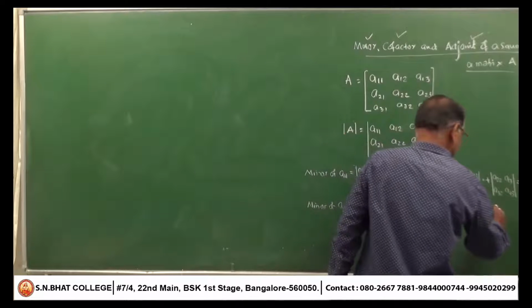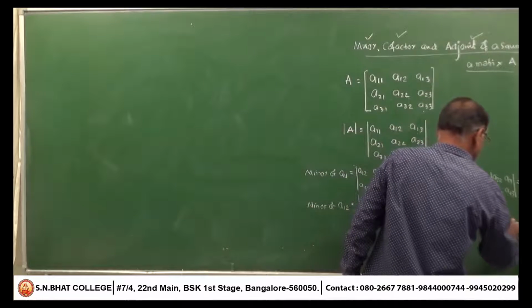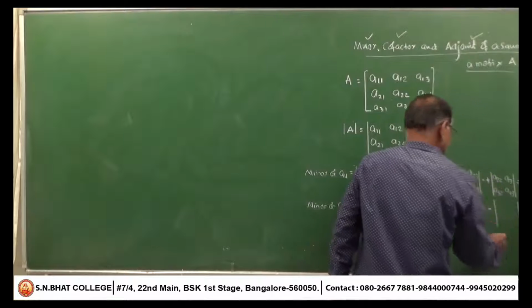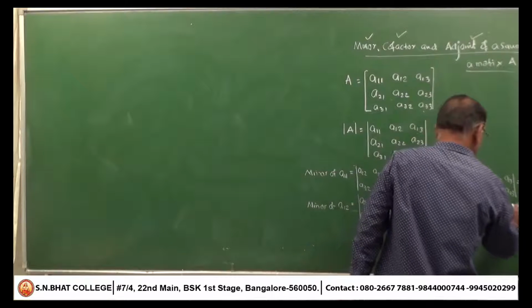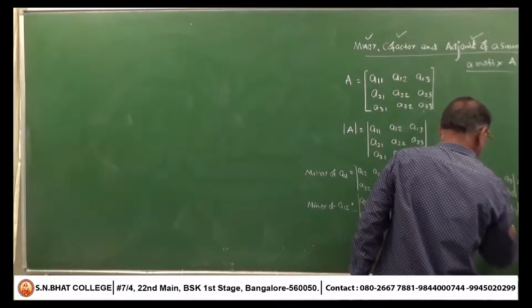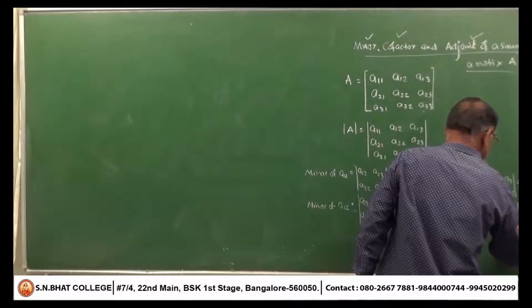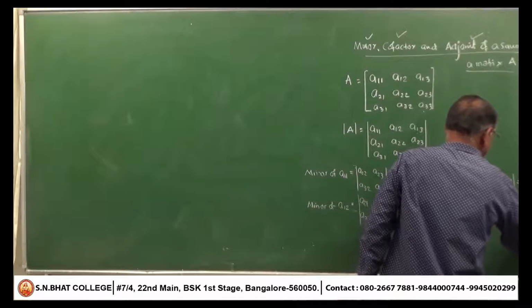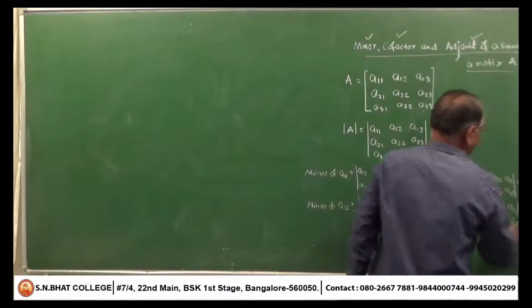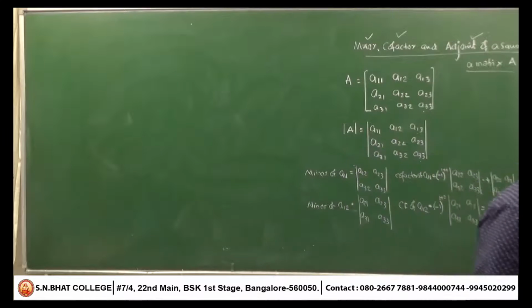Power is odd, so we get a negative sign: minus the determinant of A21, A23, A31, A33, and it is denoted by capital A12. Capital A11, A12 are the notation for the cofactors of the corresponding elements.